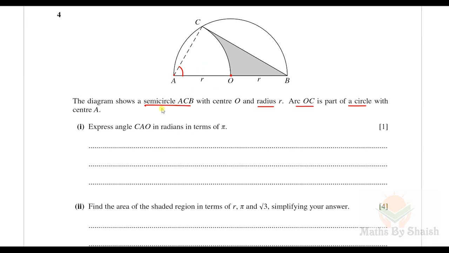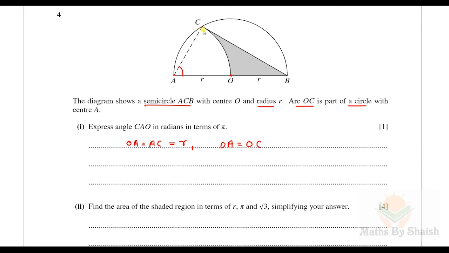So we can see from here, since A is a center of this arc OC, it means OA is equal to AC, and since OA is R, AC would also be R. Moreover, O is also a center for the semicircle ACB, so OA is equal to OC.